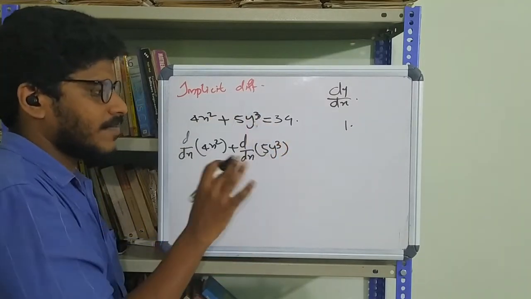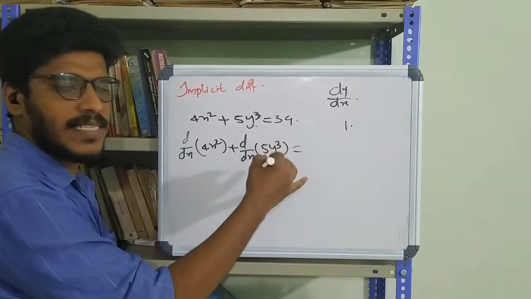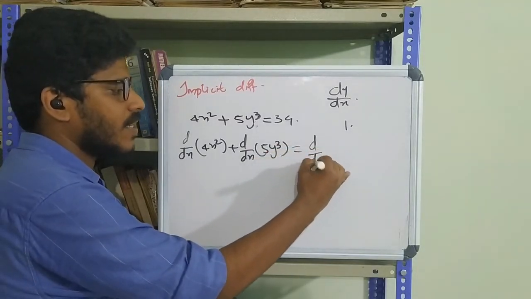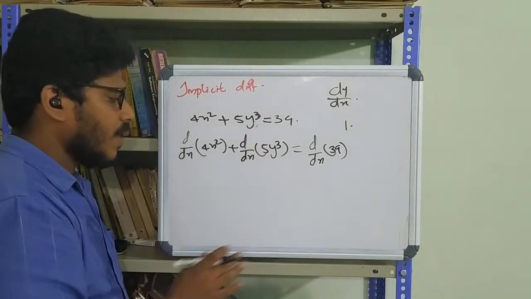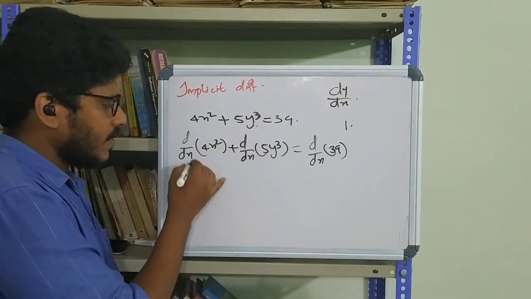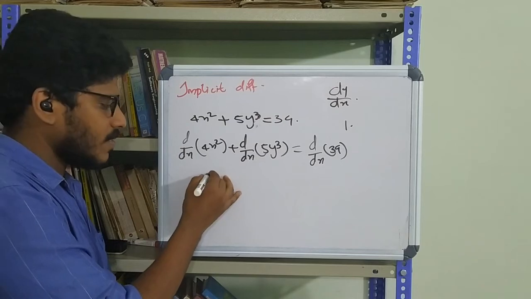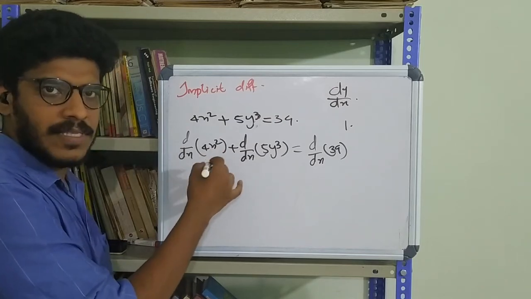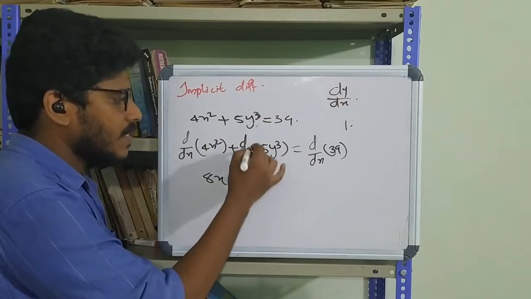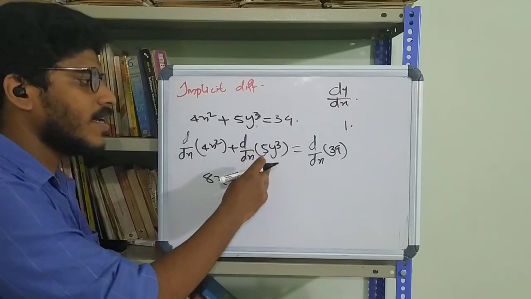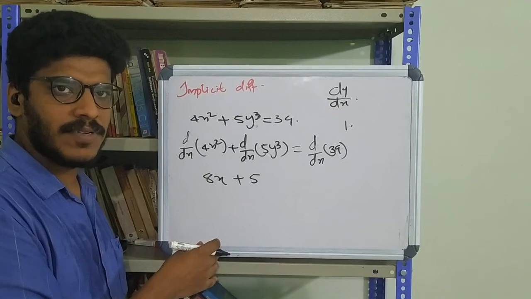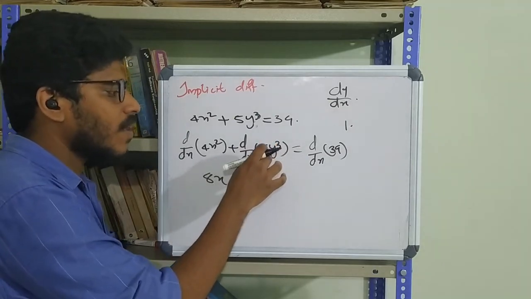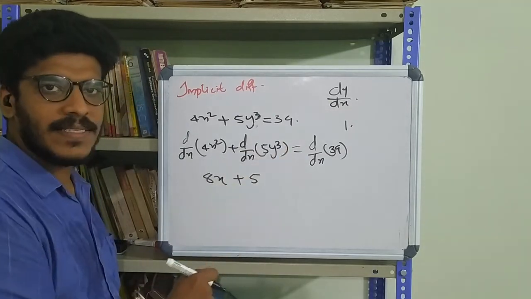We consider y as a function of x, even if we don't write it here, equal to d by dx of 39. So we differentiate every term, and let's simplify it. d by dx of 4x square is 8x. We can use the power rule. Plus d by dx of 5y cube. 5 is a constant which can be taken outside. Derivative of y cube of x.